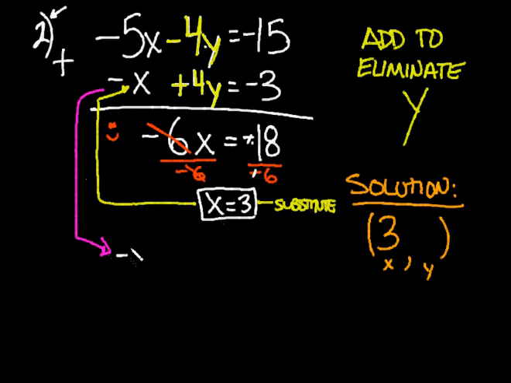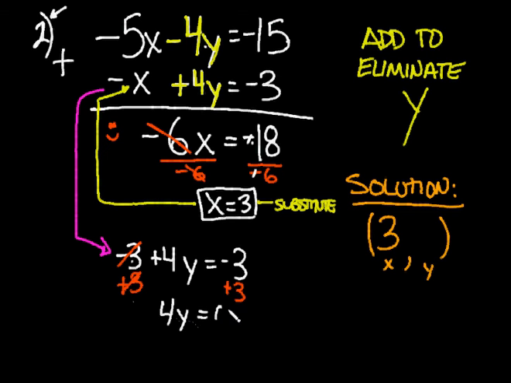X is 3, so it's negative 3. Plus 4y's makes negative 3. All right, it's just this second equation. The x is replaced by negative 3. Now I can solve it. Get rid of the minus 3 on each side by adding 3. Cancel this out. So I got 4y equals 0.